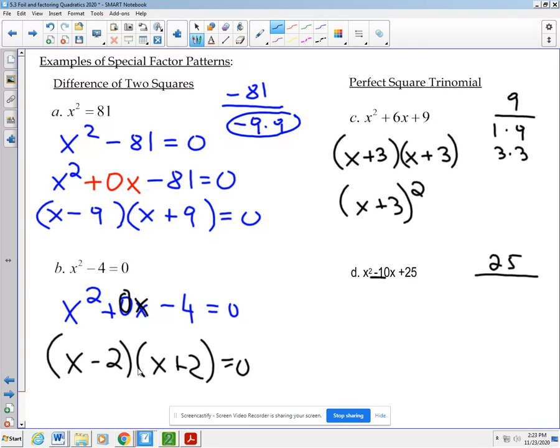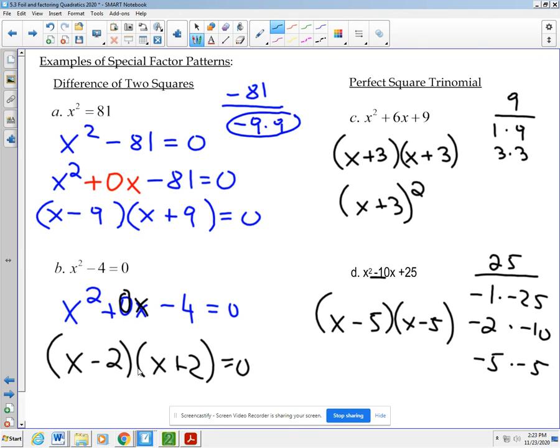So the choices are -1 times -25, -2 times -10, and also -5 times -5. Now think about which pair you would pick. -5 plus -5 is equal to -10x. So you get x minus 5, x minus 5, and then you can write this as x minus 5 to the second power.